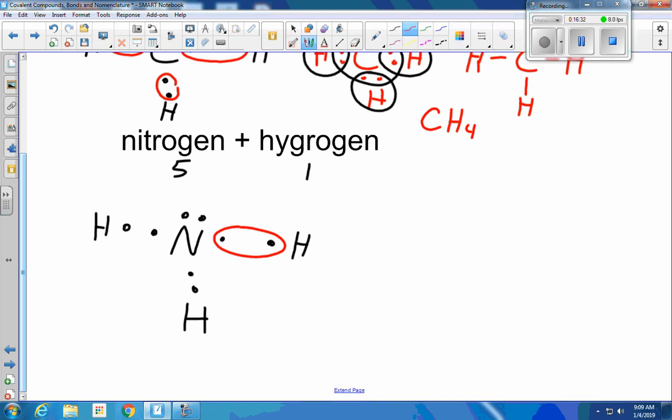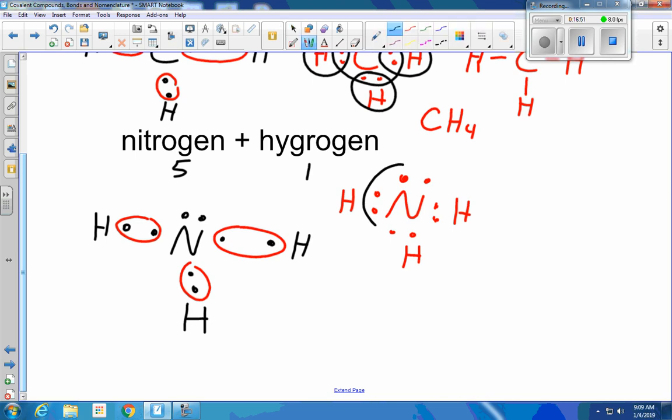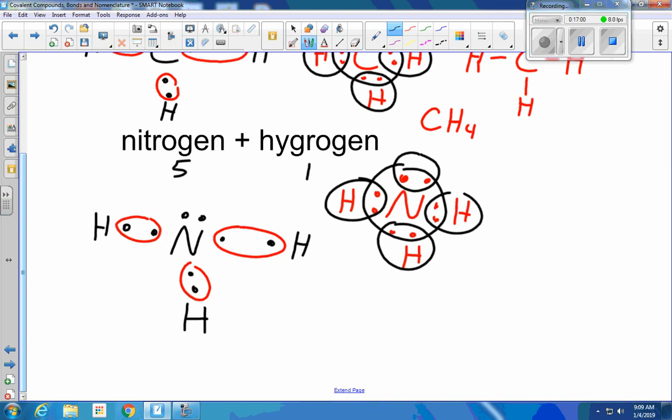Now, take a look here. See easy bonds that form here. When we go to draw this, nitrogen has the magic number 8. Hydrogen has 2.